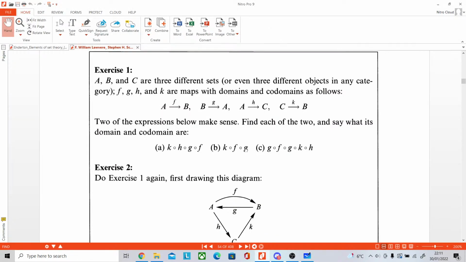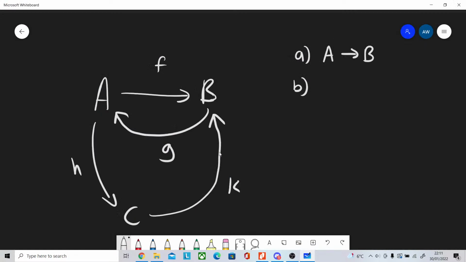Let's take a look at B. G, F, K. So G, F, and then K. Right. So that does not make sense because K sends elements of C to elements of B. We do G, we do F, and then the arrow is left at elements of B. So we have arrows pointing to elements of B. And then we're only given the information of arrows that point from C to B. Right?